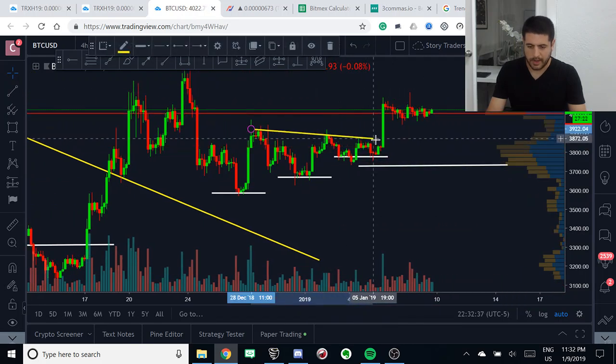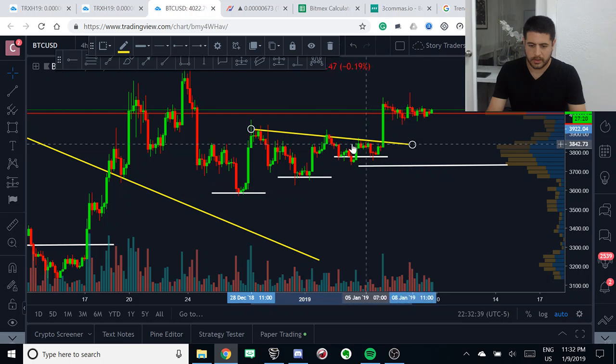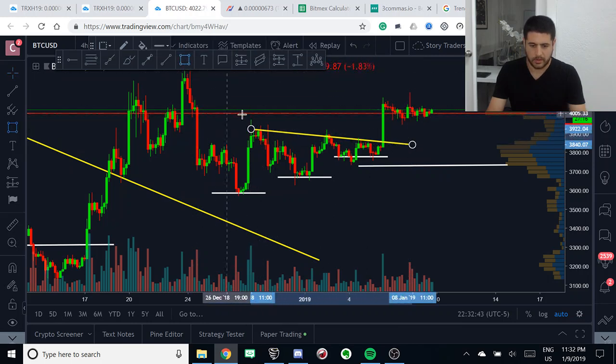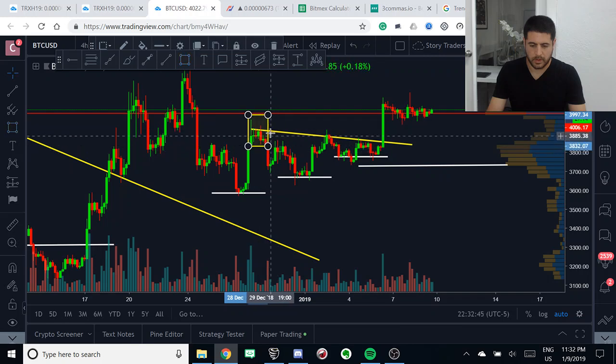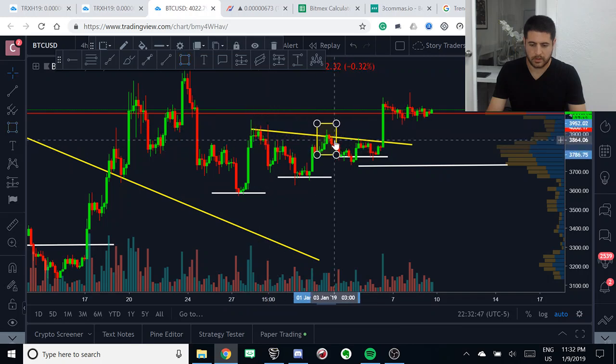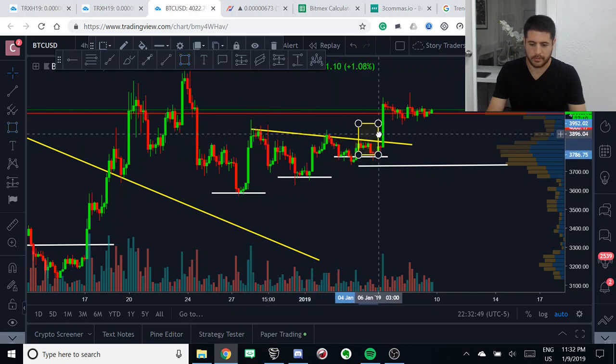So let's draw that out. And now we have our 3 touches. 1, 2, and 3. So now that that trend is formed, we can establish that in this scenario as resistance.